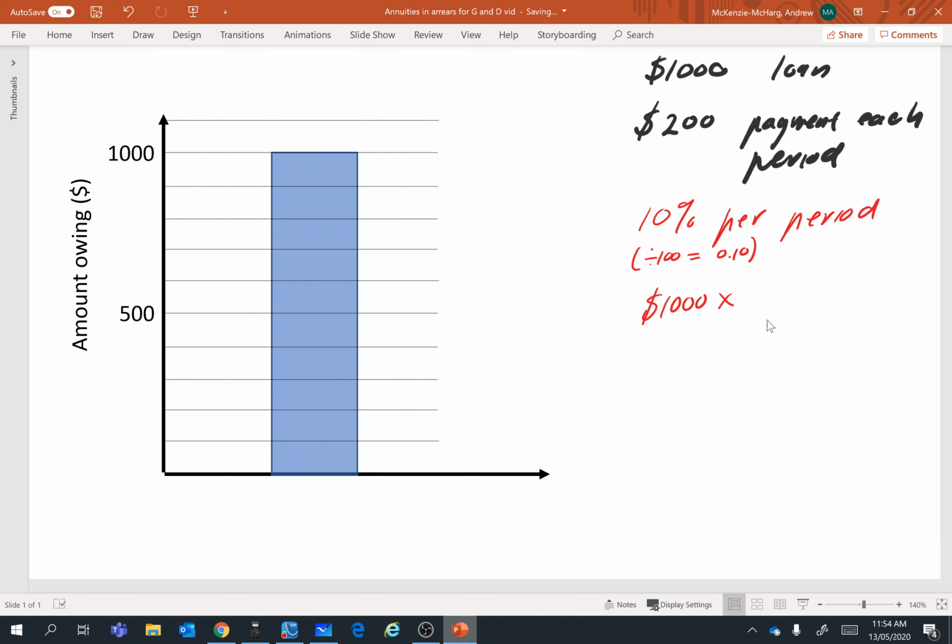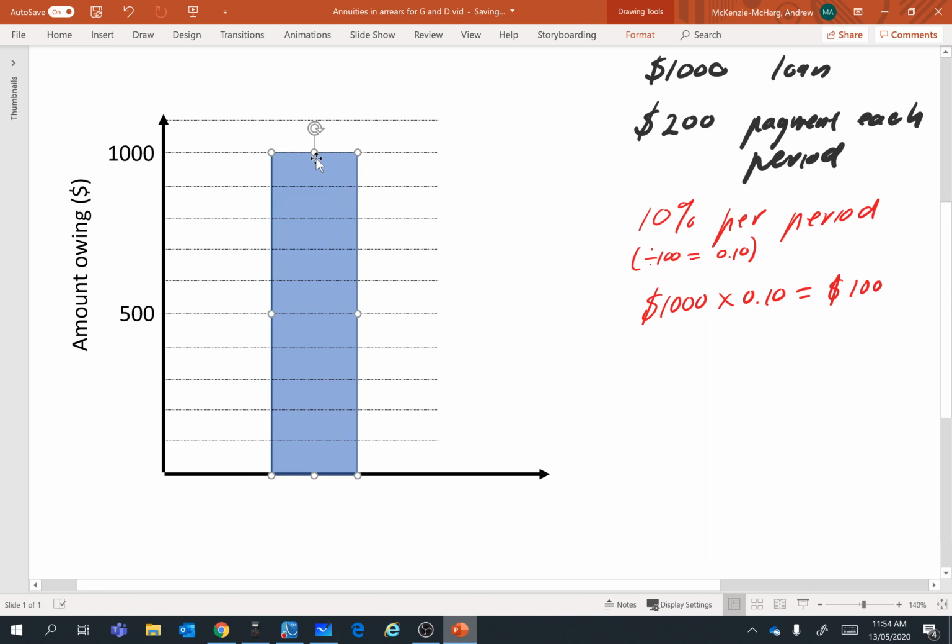So we multiply by 0.1, and that means that the amount of interest is 0.1 by 1,000, $100. So the bank will add that interest on. So now the balance is up to $1,100, and the person paying off the loan will pay off $200, so it goes down to $900. So there's the first period done.